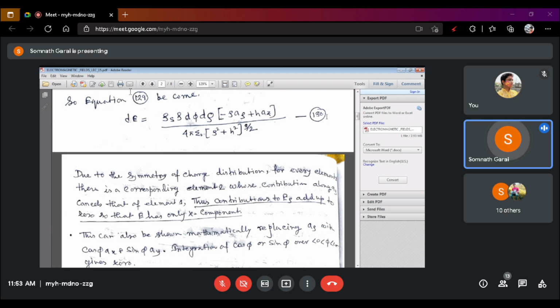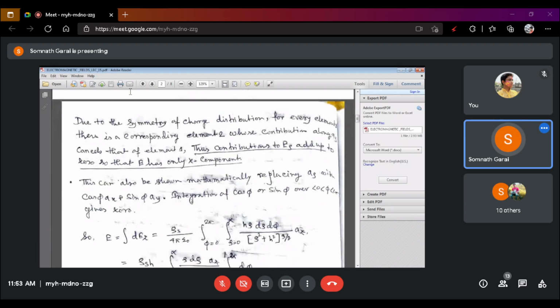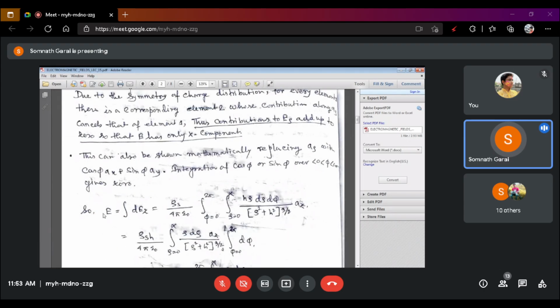So in this vector only the Z term is there, and the rho term cancels out. Okay, so the electric field intensity E becomes the integration of dEz.